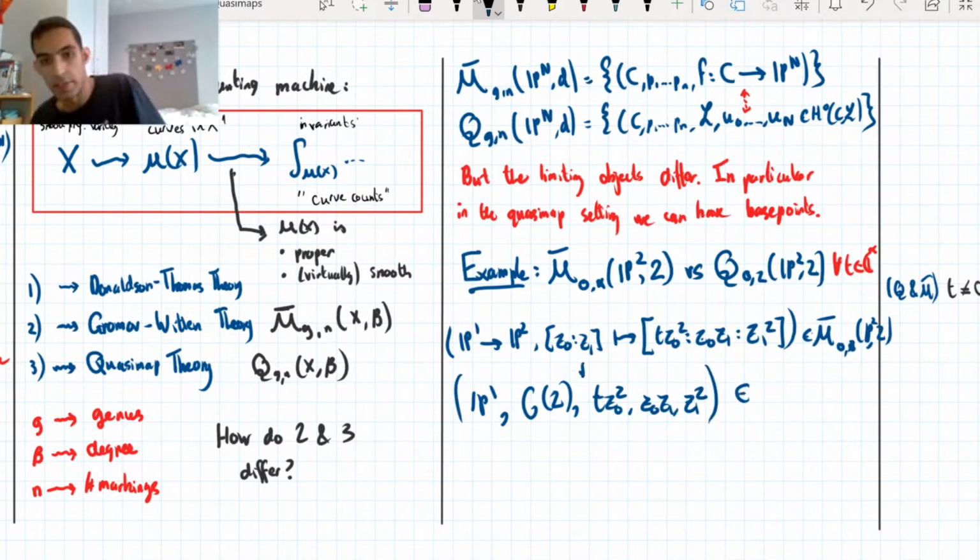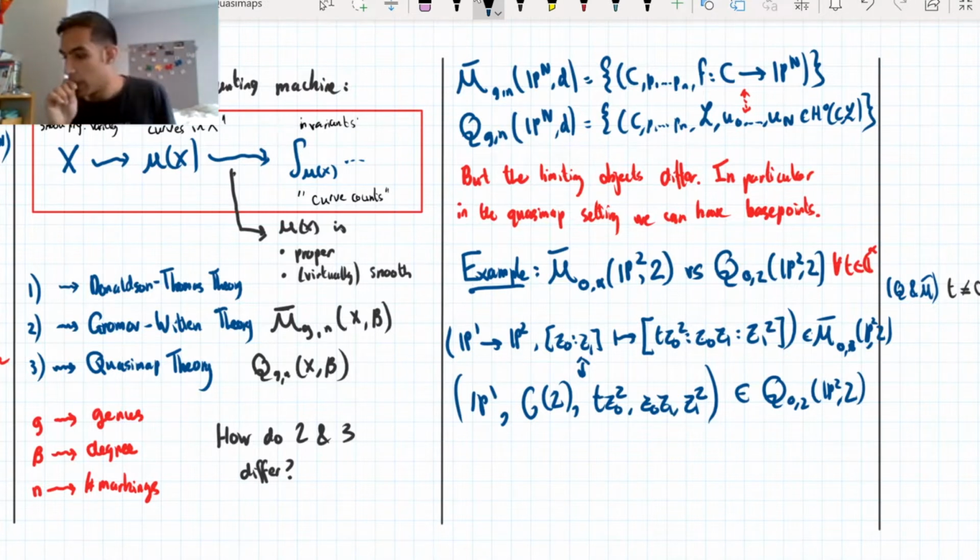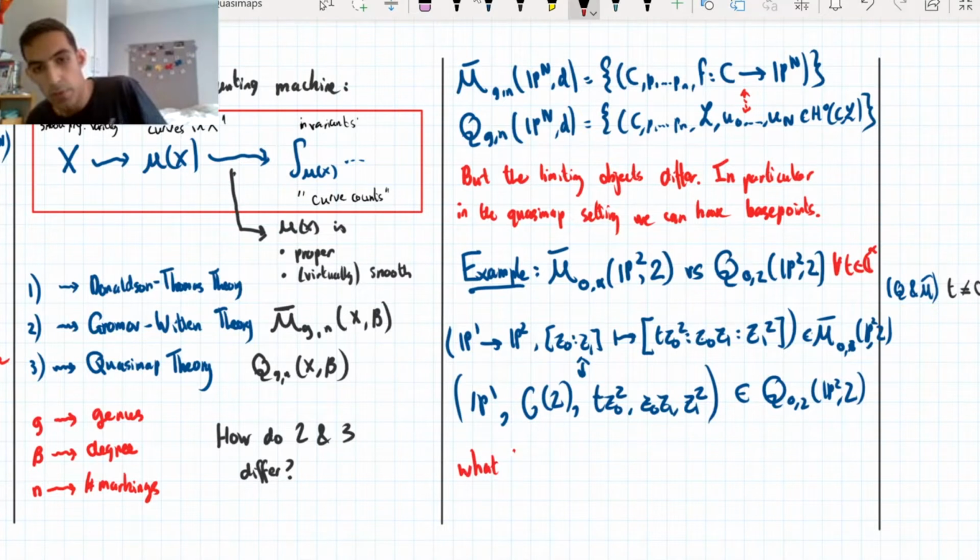So these are like the same, but this I'm thinking of as a Quasimap. But what happens? The question I want to ask is what happens as t goes to 0?